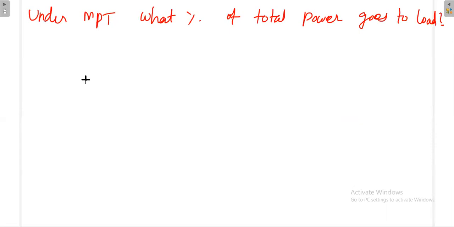Anybody? You are operating in the maximum power transfer mode. What percentage of the total power goes to the load?